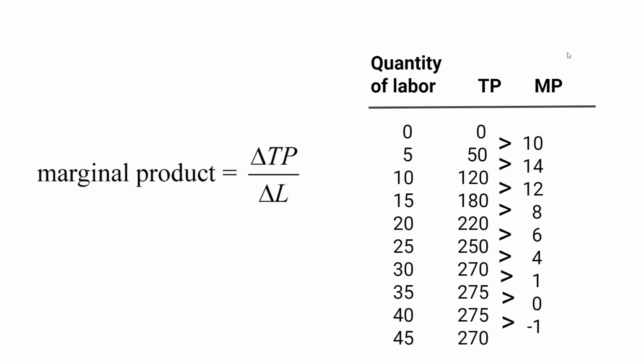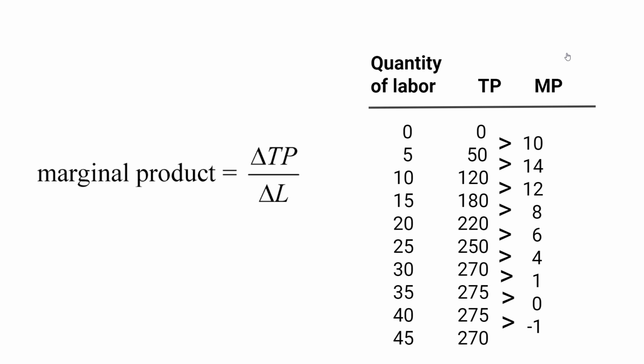When we go from 10 to 15 units of labor, output rises, as we have already determined, by 60. So 60 over 5 is 12, and so forth. When we look at the interval between 35 and 40 workers, output doesn't change, so marginal product is 0 for that interval. And beyond that, output falls by 5 units when you use 5 more units of labor. So marginal product would just be a negative 5 over 5 or a negative 1.